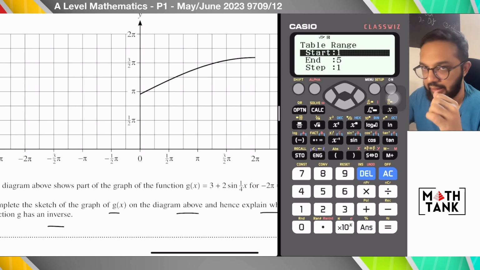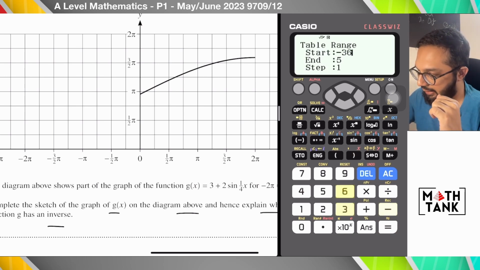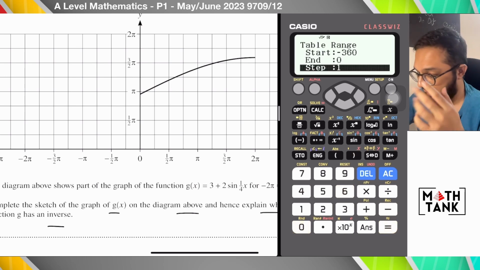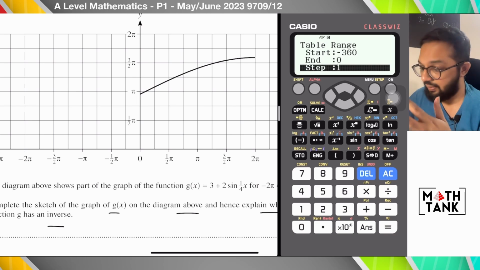I'm going to say that I want to start at minus 360 and end at 0. And my step is now basically, since it's x divided by 4, every value is being multiplied by 4. So typically the step is 90.